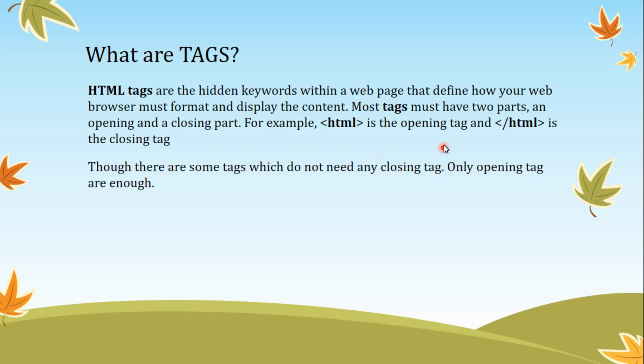What are the differences between an opening tag and a closing tag? An opening tag marks the beginning of some content, and a closing tag marks the end of that particular content. And in the syntax you can see clearly that the opening tag doesn't have any front slash, whereas the closing tag has got a front slash.